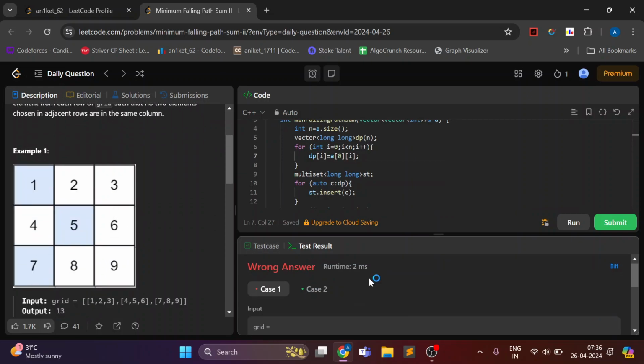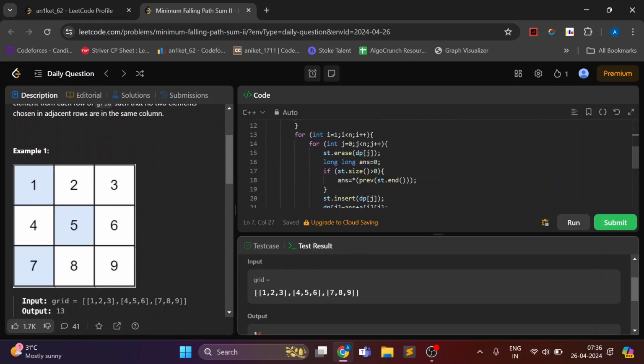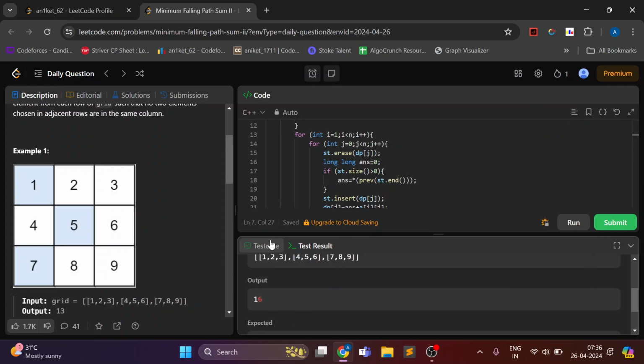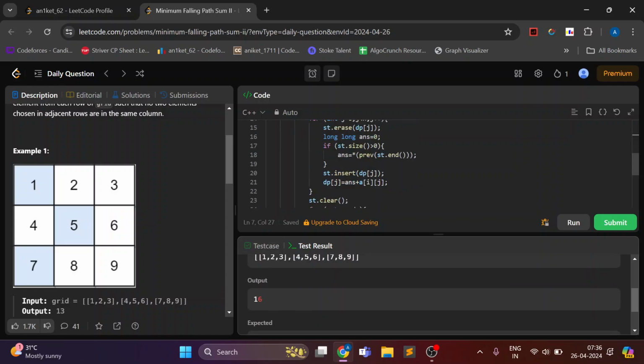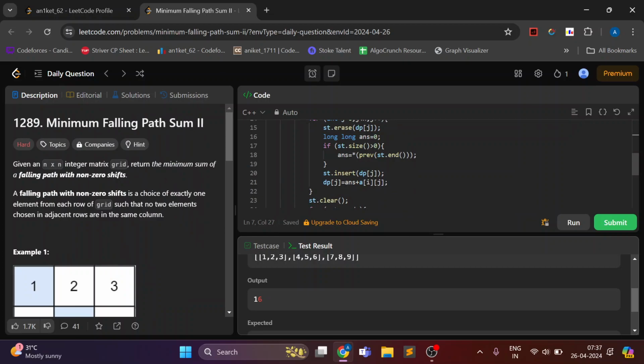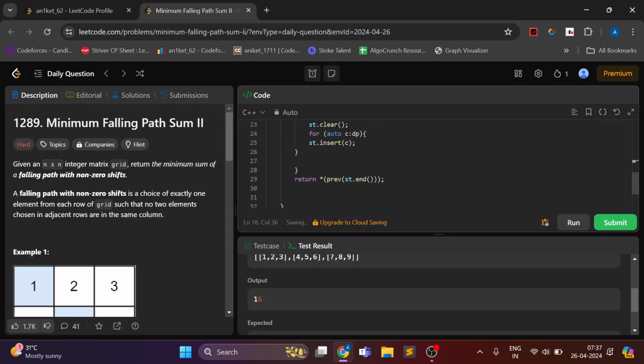Hmm, what happened here? So I have to find the minimum, right? It should be st dot begin, and this should also be.